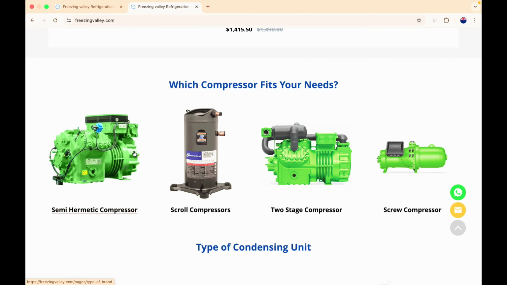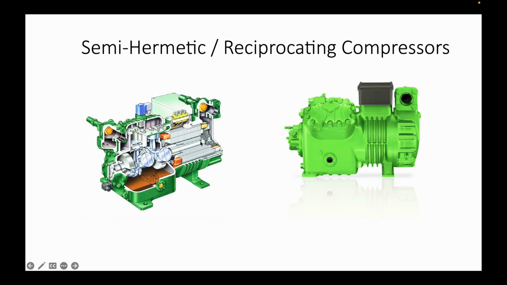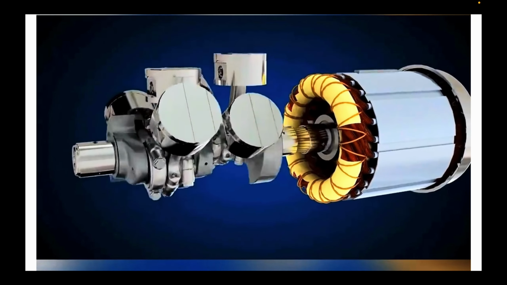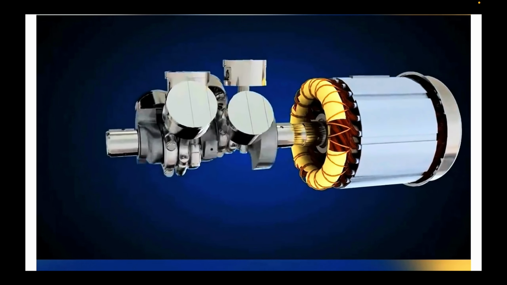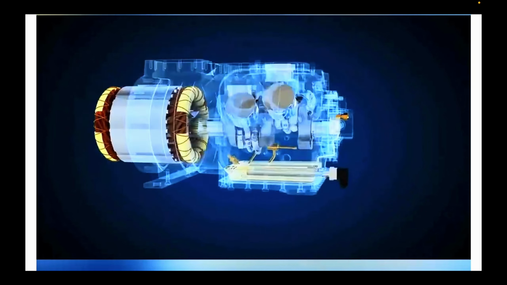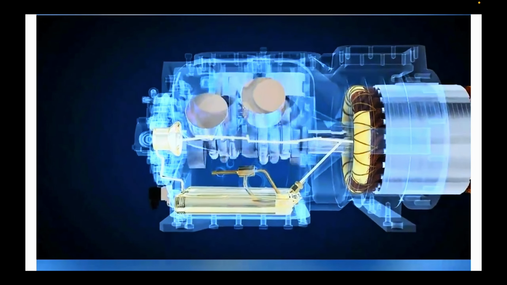The second compressor is the semi-hermetic compressor. The semi-hermetic compressor is the most commonly used compressor, and it can go from large to small. To show you how it works, there are two parts: one is the electric motor, and the other is the mechanical part.